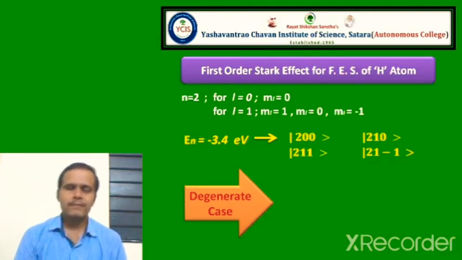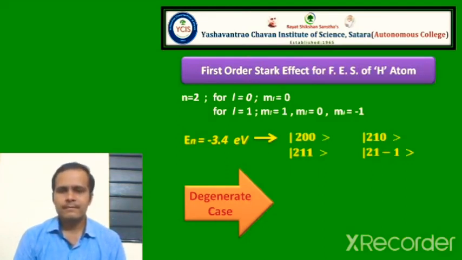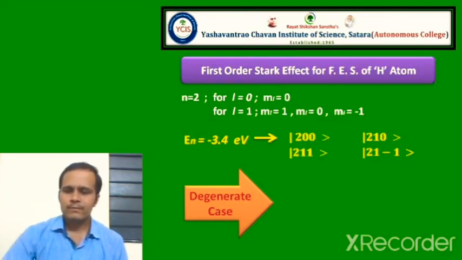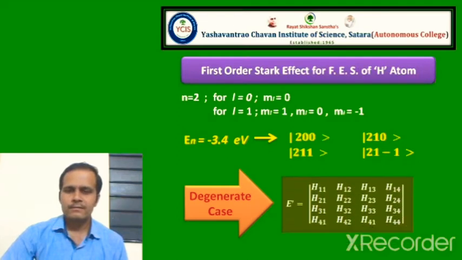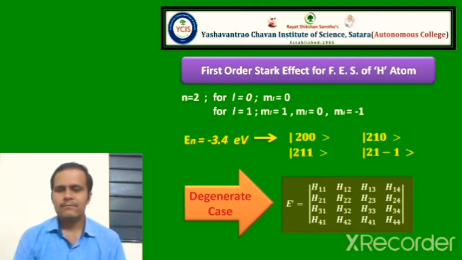So when we talk about the degenerate case, at that time, to find out the corrected energy, we will have a determinant with elements H11, H12, H13, H14 and so on. In this manner, we have to solve the correction to the energy for degenerate case.